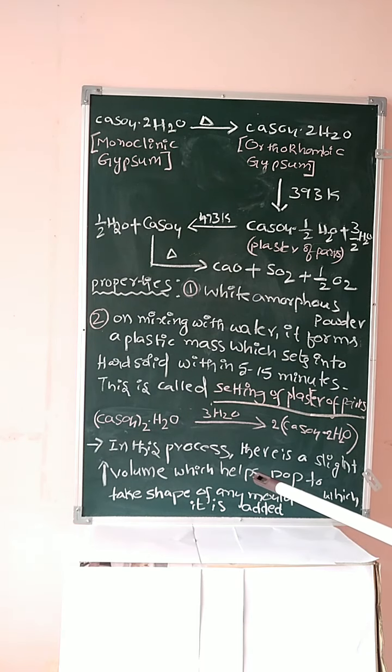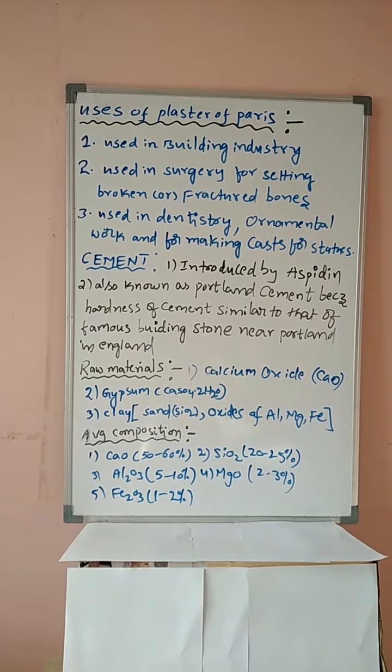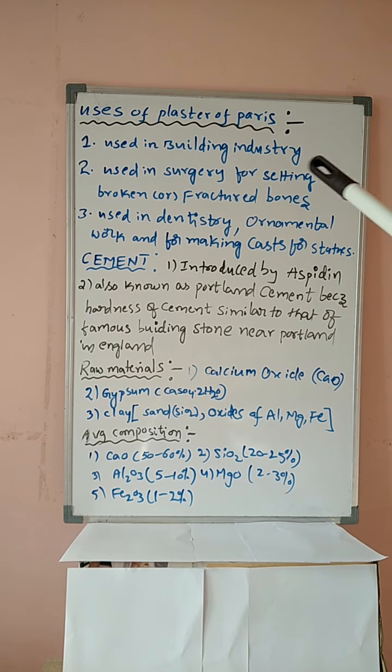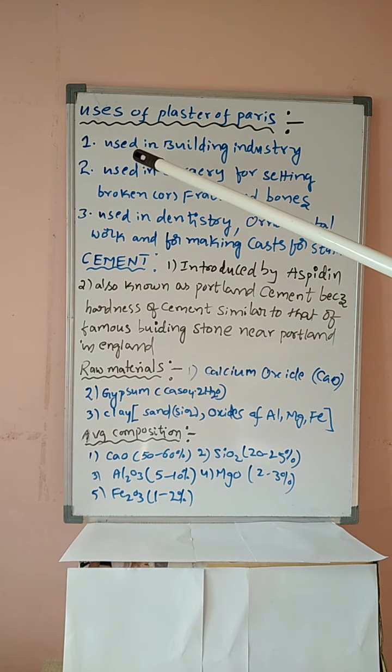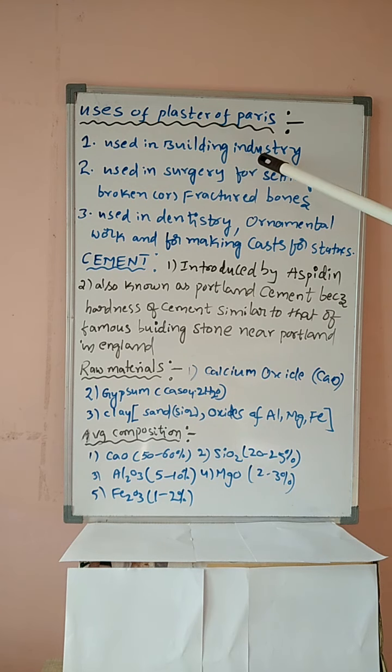We know that plaster of Paris has many uses. Copy this, student. Okay, next continuation, students. Uses of plaster of Paris. First one, used in the building industry. Plaster of Paris can be used in the construction of different buildings.